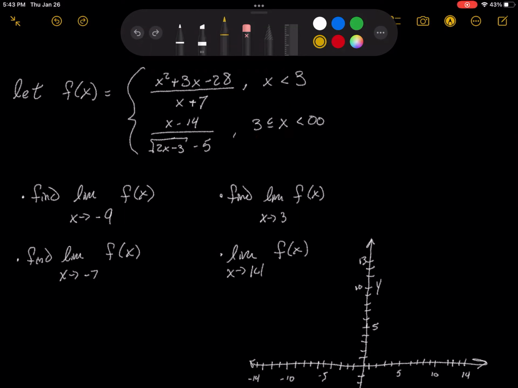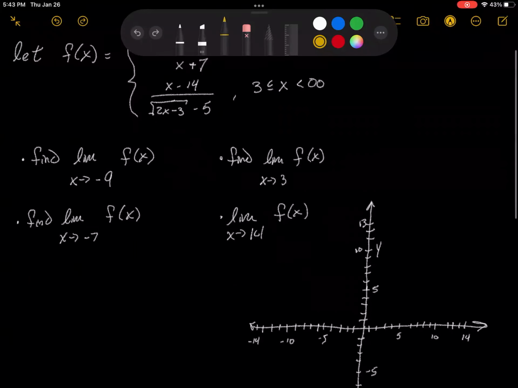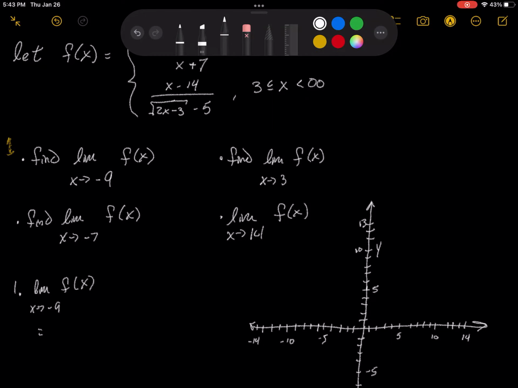All right, so let's work on this first one. Number 1: the limit as x approaches -9 of the function. Now, when x is getting close to -9, it's certainly less than +3. So I should look at the top function.